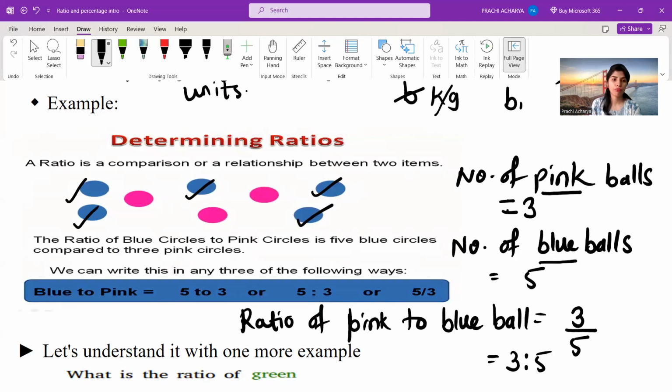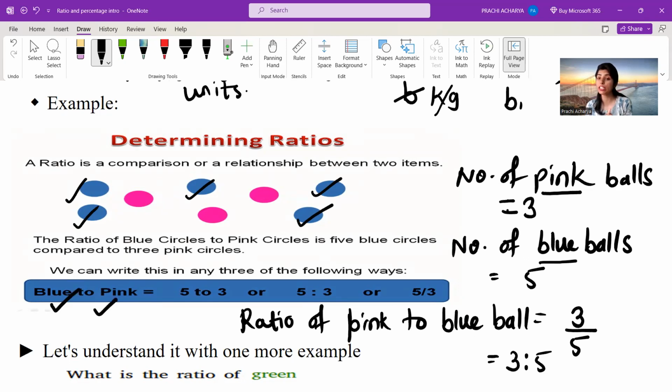Now, what is given in the picture, we will come to that. Here we can find the ratio in different ways also. I have just told you that from pink ball to blue ball, the number of pink balls will always be in the numerator and the number of blue balls in the denominator. But in the picture, I have taken the example from blue to pink.